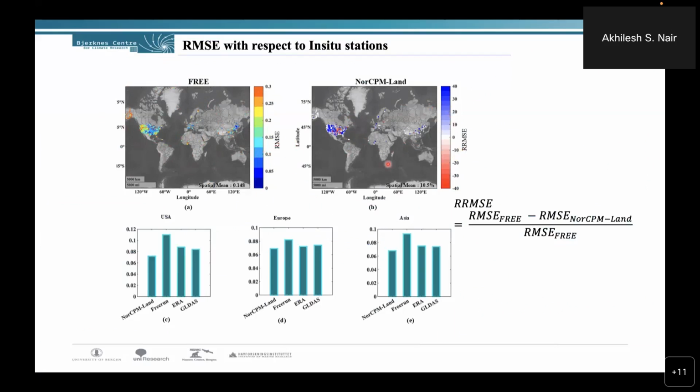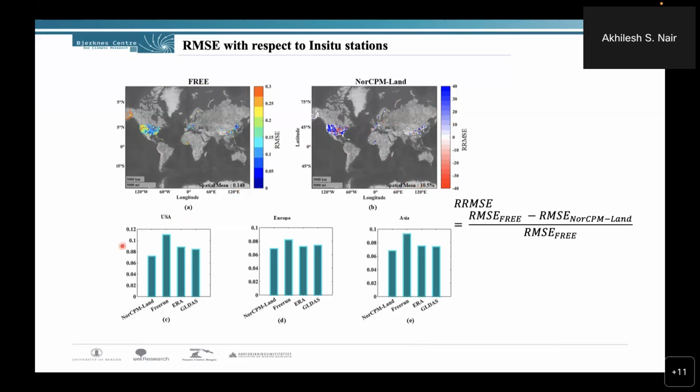This is the reduced RMSE, that is, the reduction in the RMSE after soil moisture assimilation. We could see that the majority of regions show a decrease in the RMSE values, and the spatial mean has a reduction of around 10.5%.